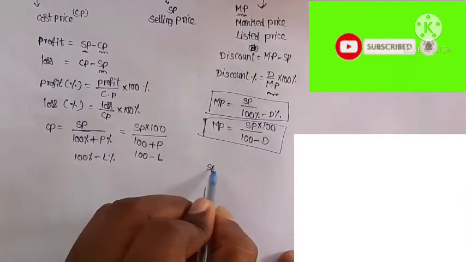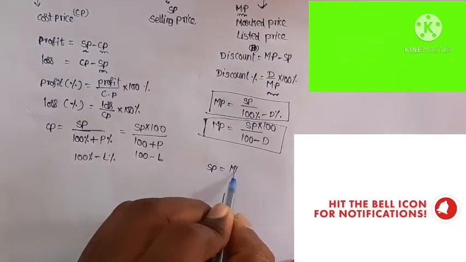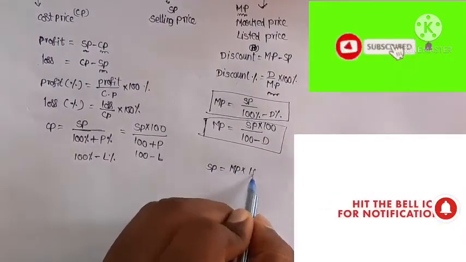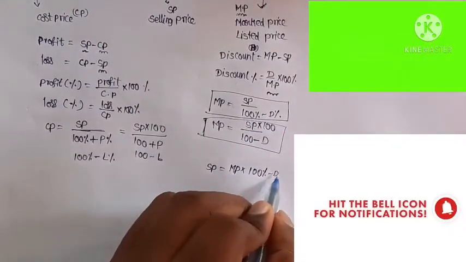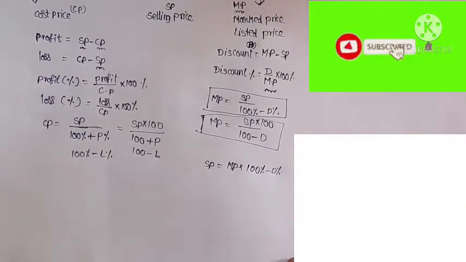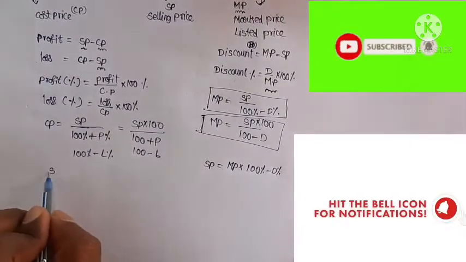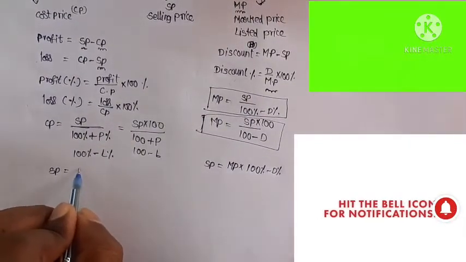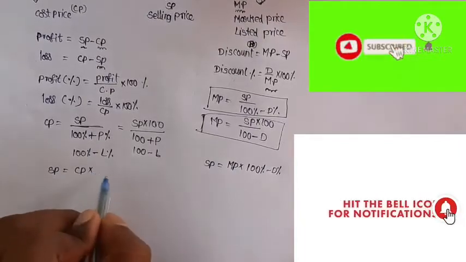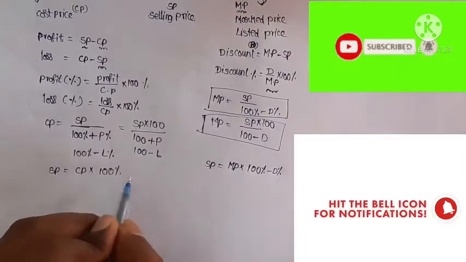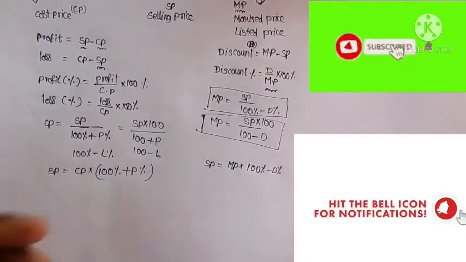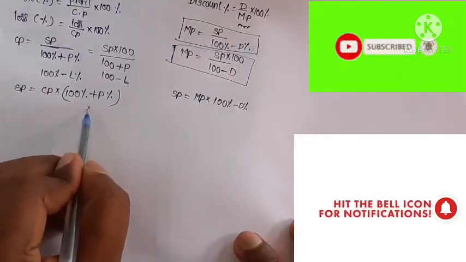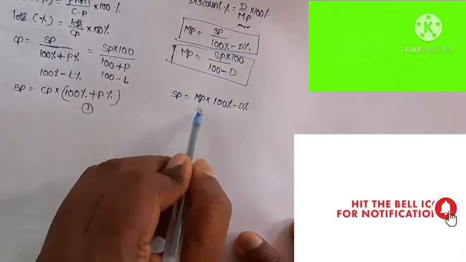This is a very important formula to calculate lots of problems in profit and loss. Selling price is equal to market price into 100% minus discount percentage. So here selling price is equal to CP into 100% plus profit percentage. So this is 1 and this is 2.